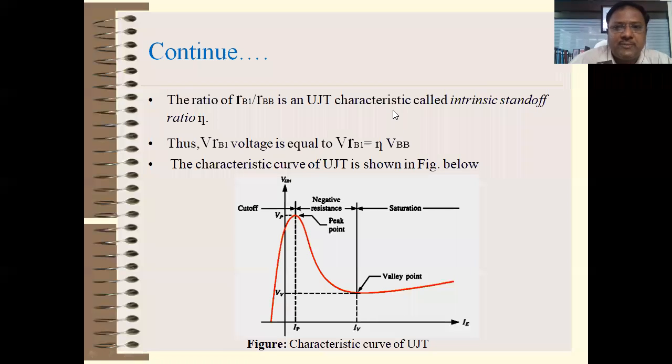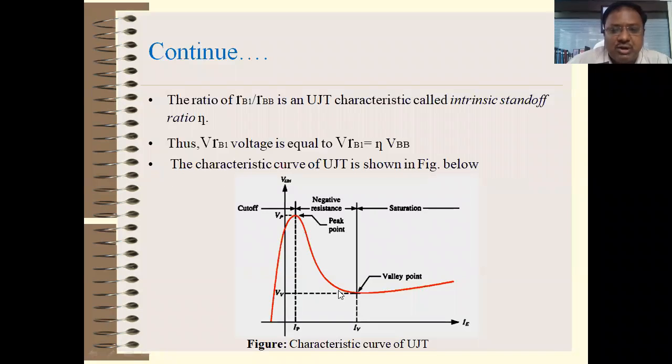After that, what happens? If your device turns on, then the resistance RB1 decreases from several thousand ohms to a few 10,000 ohms. Okay, the resistance RB1 is shown as a variable, so the resistance decreases, and the resistance is very small.